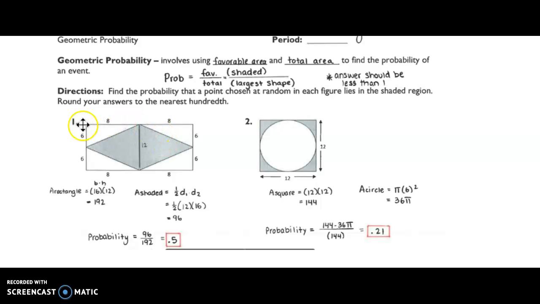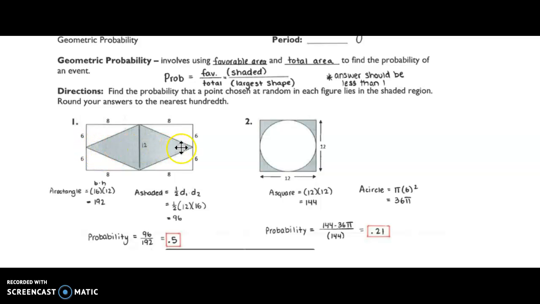Here you have the overall rectangle, and the shaded region turns out to be a rhombus. You have diagonal 1 and diagonal 2. This is diagonal 1. It's given to you as 12.